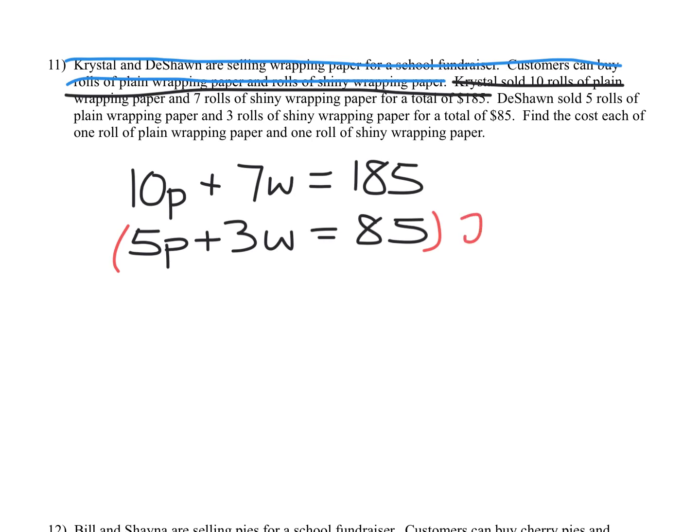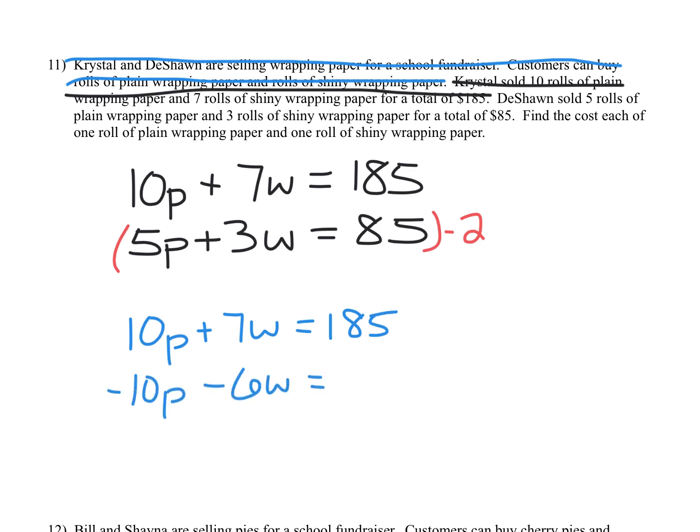Negative 2, so you can make it opposite. Yep. So I'm going to multiply by negative 2 to create opposites. My top equation stays the same. My bottom equation goes to negative 10p minus 6w equals negative 170.